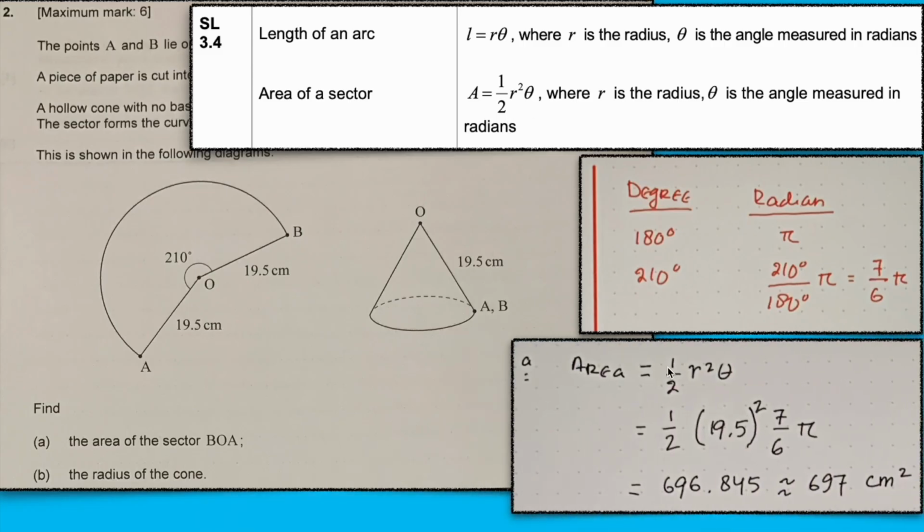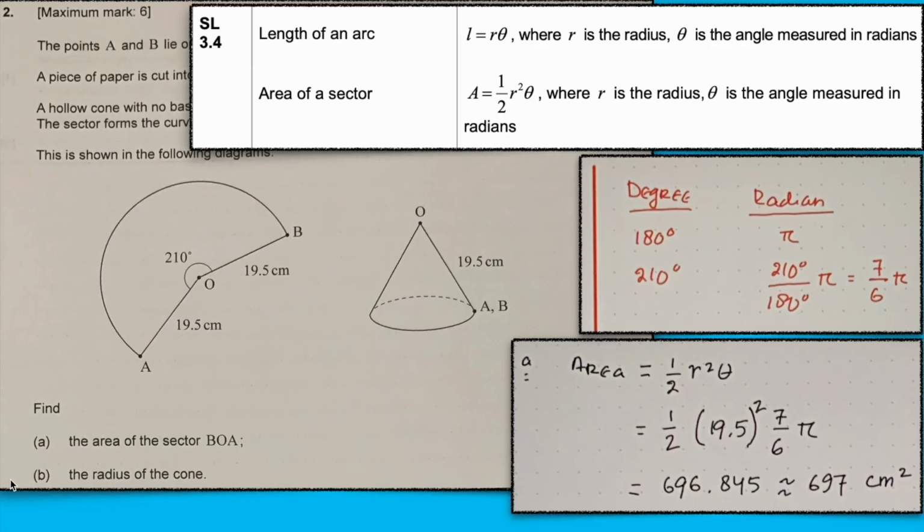So area is equal to half times radius, which is given, 19.5 squared, multiplied by the angle in radians, 7 over 6 pi. That's equal to 696.845. Usually answers are rounded to 3 significant figures, so it is approximately equal to 697 centimeters squared.